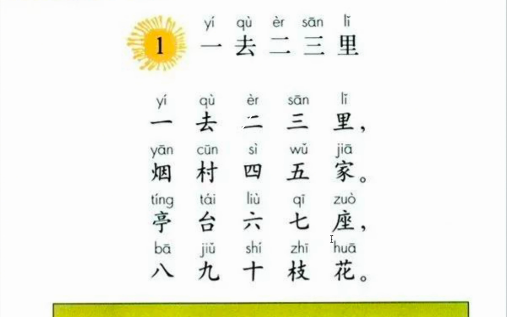So the title is 一去二三里. I'll try to read it slow. 一去二三里，烟村四五家，亭台六七座，八九十枝花.